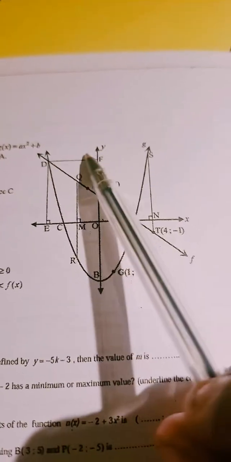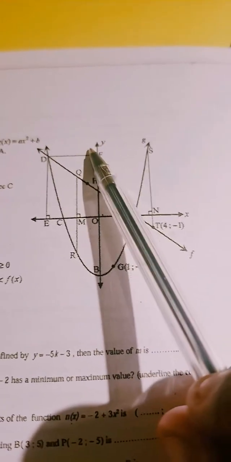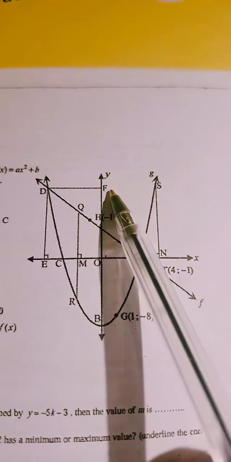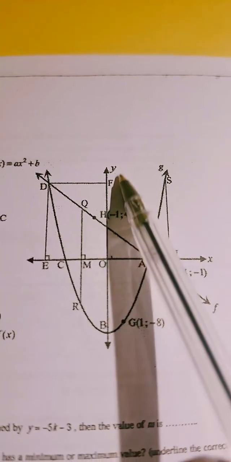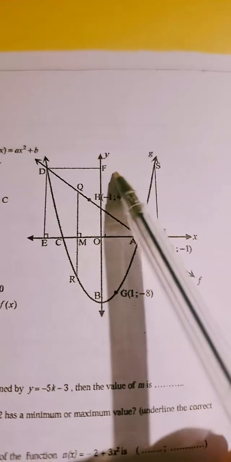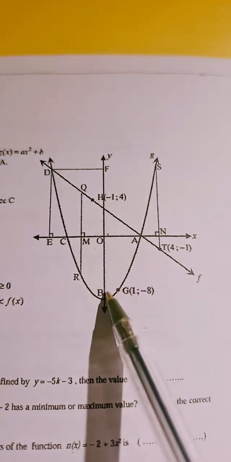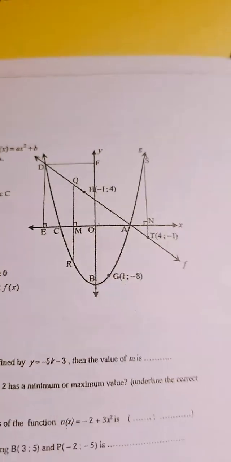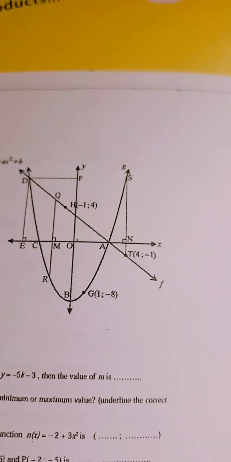So what is the x coordinate here at F? Because we want the length of DF. Yes, guys, remember here on the y-axis, the x value everywhere is going to be 0.